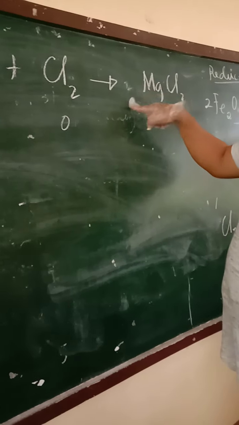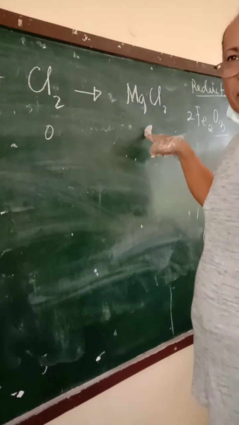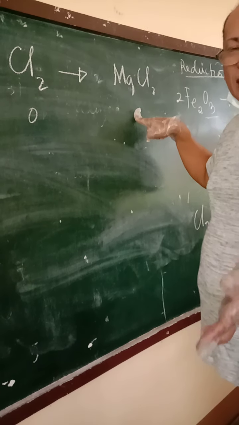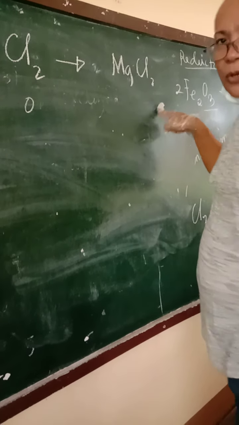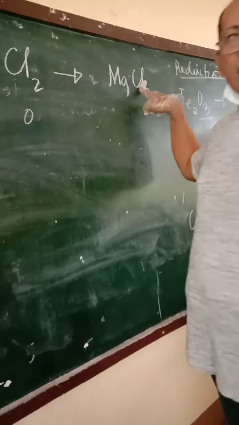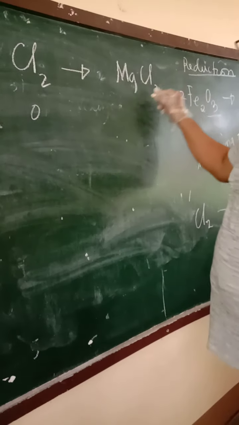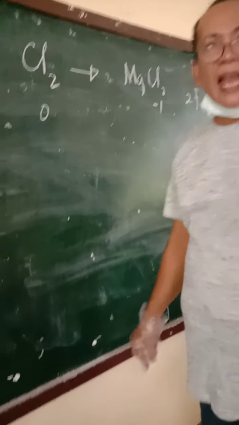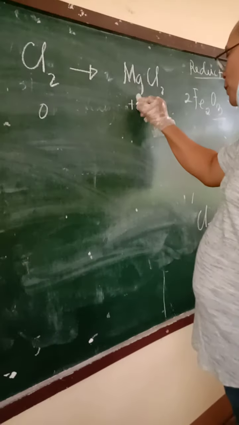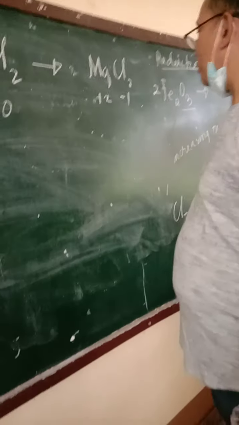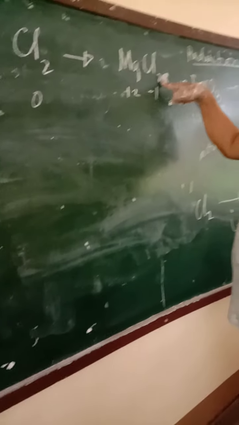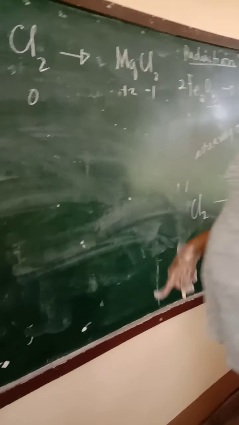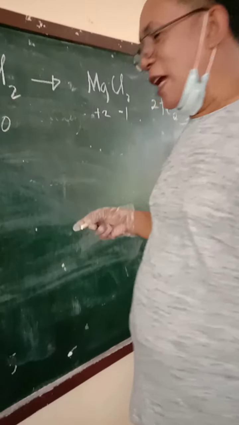But in the case of a combination of two elements, we consider their oxidation numbers based on the rules. For chlorine, since it belongs to group 7A, it has -1. Magnesium belongs to group 2A, so it has +2. So +2 and -1 times 2 is -2, which sums to 0. That is why a compound is considered as 0.